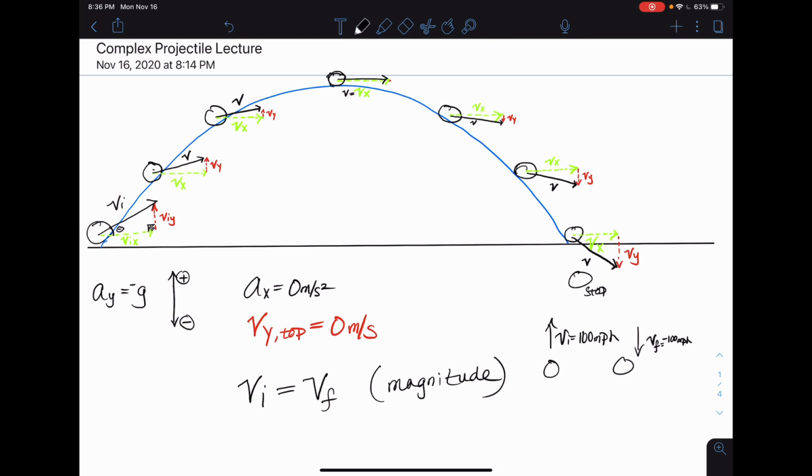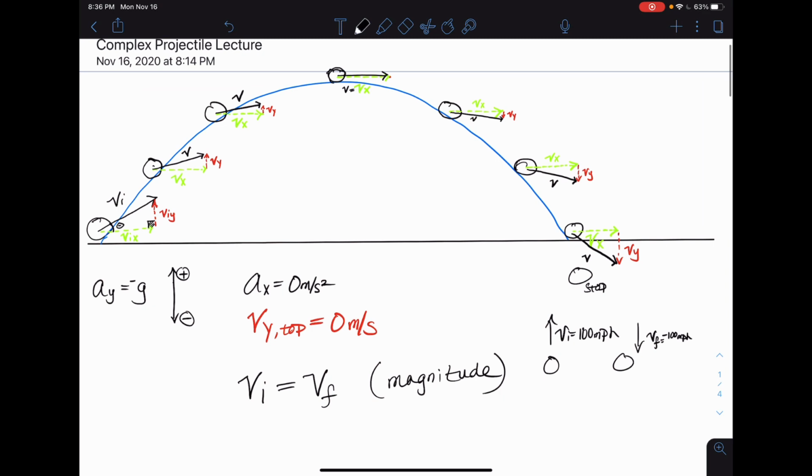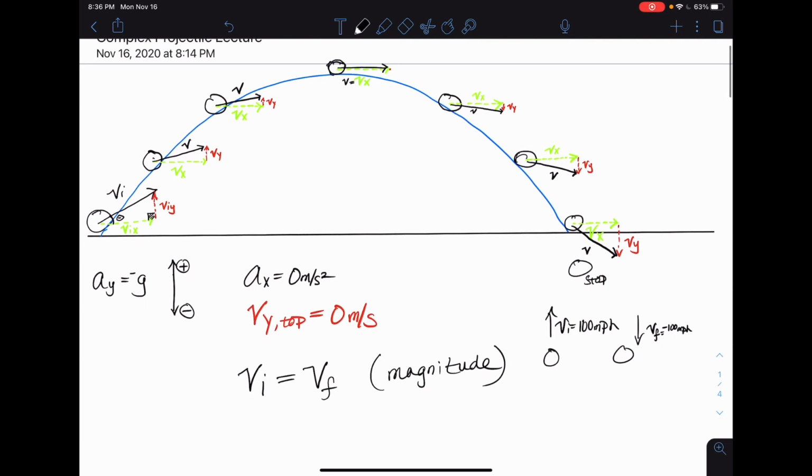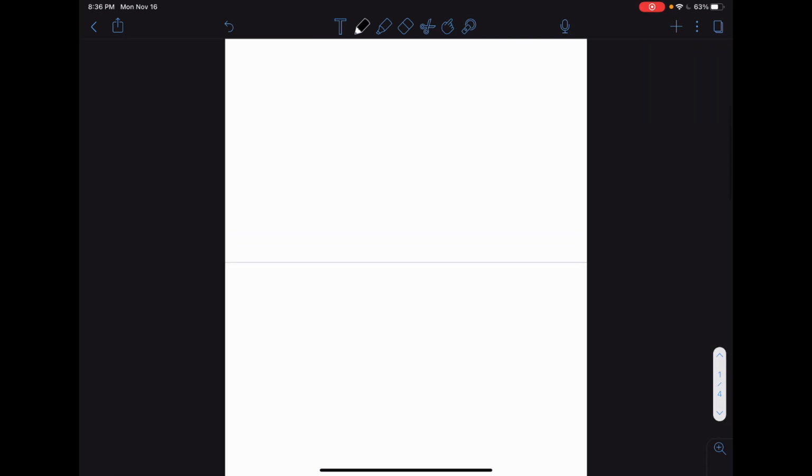That would be true. So I think that hopefully helps make some sense of these problems, because we're going to analyze this and solve for some different numbers, but this is really what's going on. So hopefully that makes sense, and if not, I will come back to it and talk about it more during class.